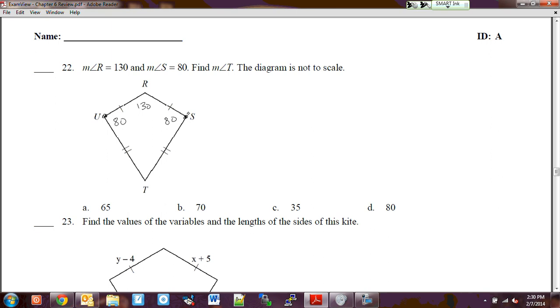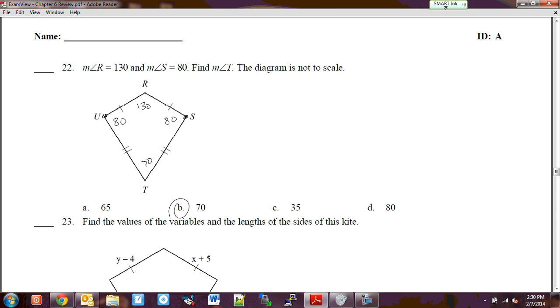So both of these are 80, and we have R's 130. Now we know all four of these have to add up to 360. So all you do is add those three up. That equals 290. Subtract that 290 from 360 to get T is 70 degrees. So B is 70. All right.